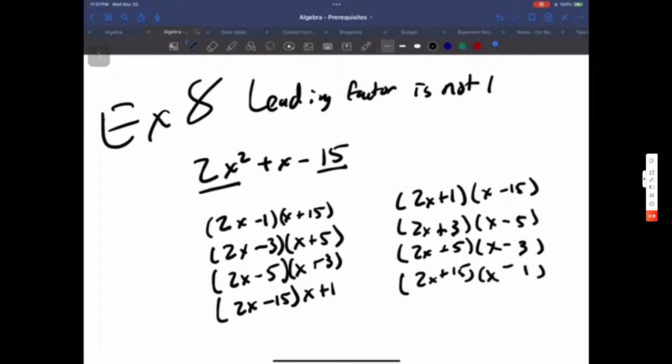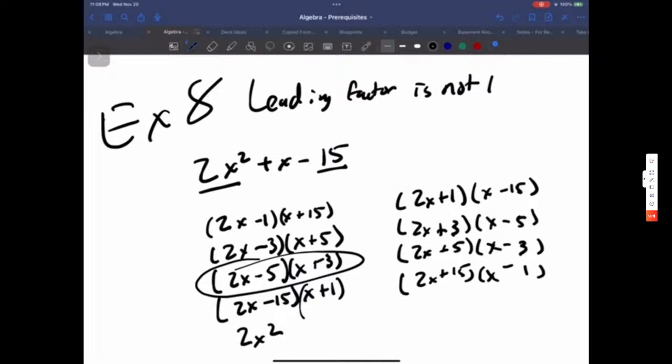Okay, and if we look, there should only be one set of binomials here that gets us to a positive x in the middle, and that looks to be this guy here. Because the 2x times x would be 2x squared.